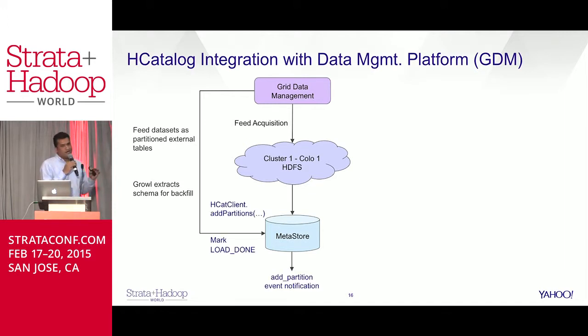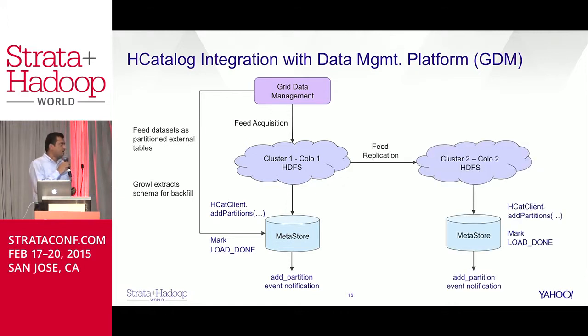So the feeds are acquired, and HCat client libraries can be called to add partitions in an automated way, right? So if you have a tool that's managing data in and out of clusters, you could just add another client library or client call into it to work with HCatalog. And then HCatalog has a nice property to trigger notifications when partitions are added, right? So we'll talk about that in just a second.